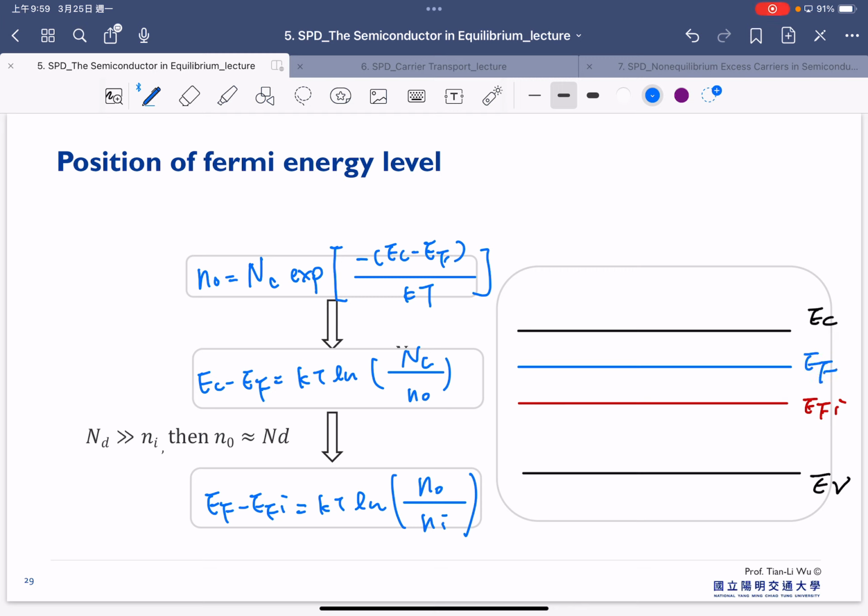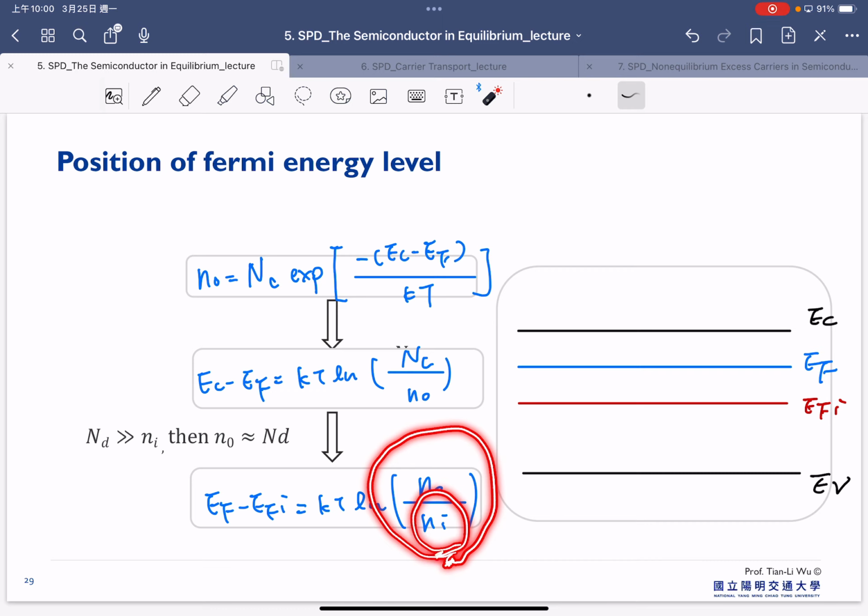So the difference of Ec minus EF, that is the difference here, is mainly determined by Nc over n0. Now if you consider the difference between EF and EFi, it becomes determined by the thermal equilibrium concentration n0 over the intrinsic carrier concentration ni.